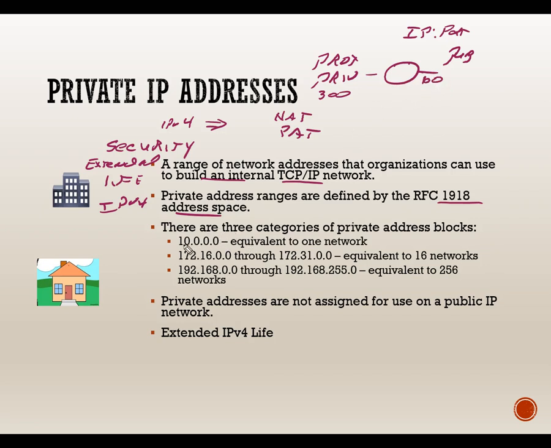3 categories. The class A is the entire 10 network, 10.0.0.0 to 10.255.255.255 with the subnet mask of 255.0.0.0. Class B's, not as many addresses are available. 172.16 through 172.31.